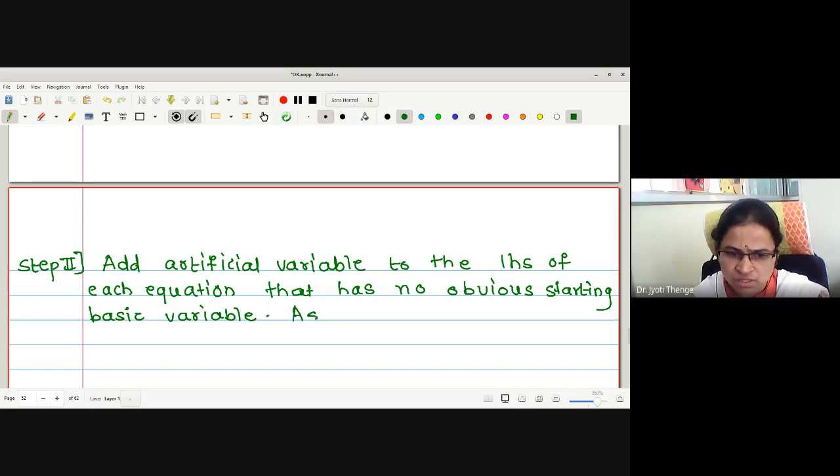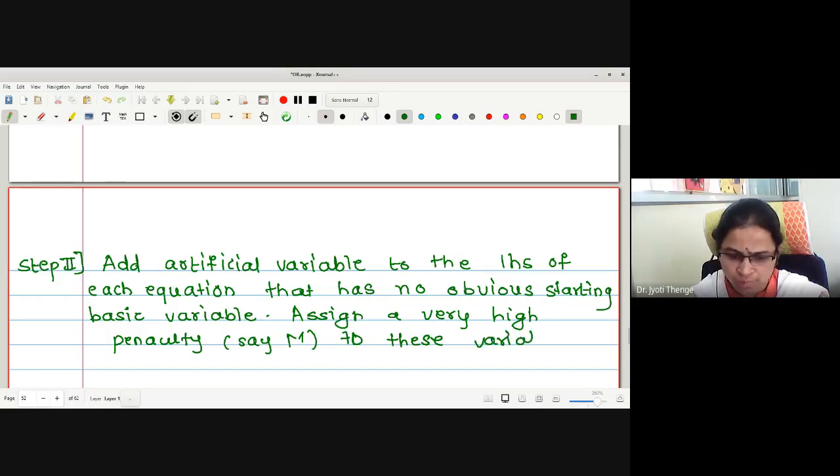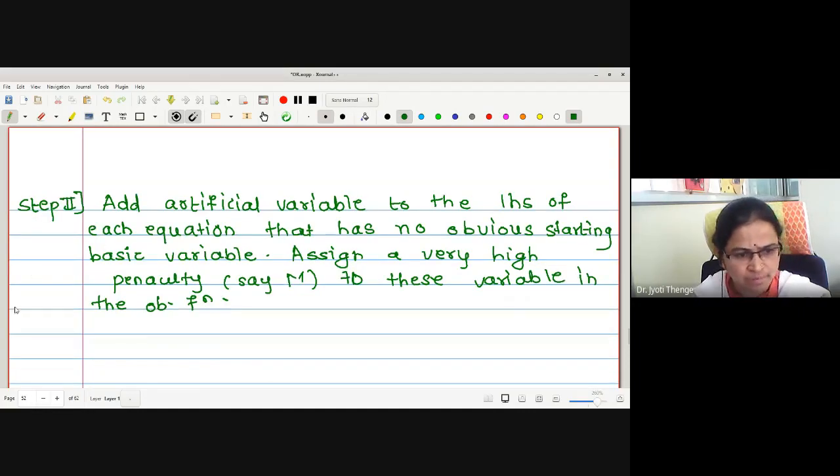Then we will assign a very high penalty, say M, to these variables in the objective function.